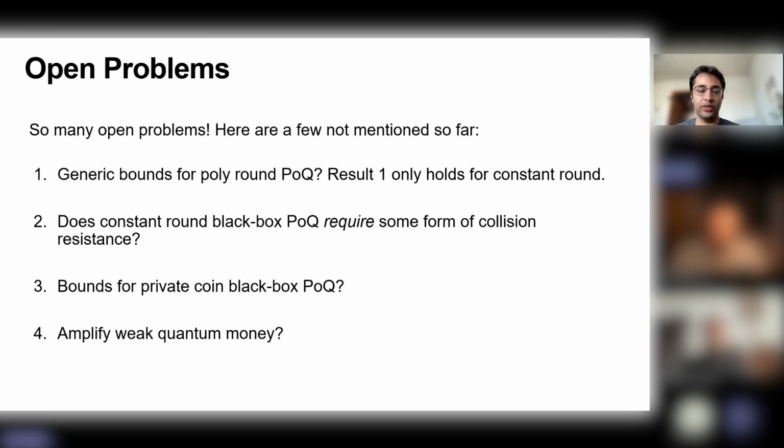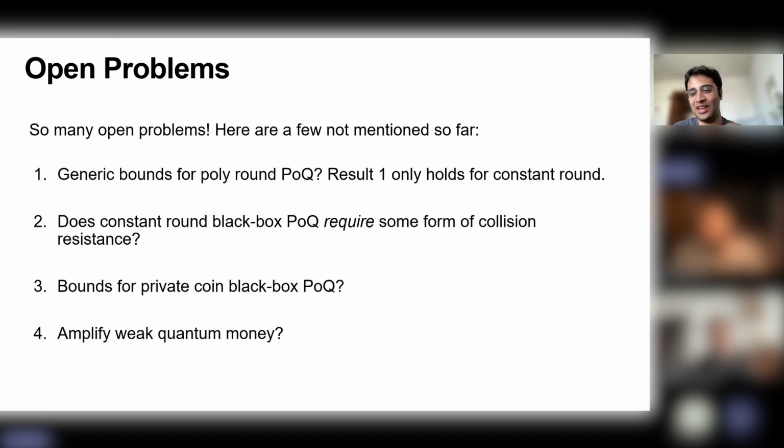And the second question, I hinted at this: it seems that IO and all cannot be used to build constant round proofs of quantumness because of this requirement of collision resistance. And all our constant round constructions do have collision resistance in them because they're using trapdoor claw-free functions.